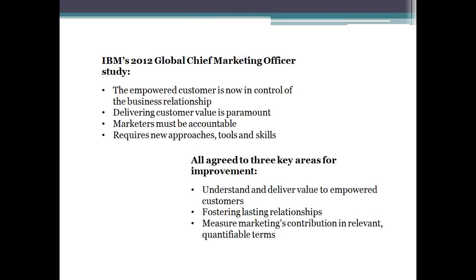As an overall summary of this report, IBM looked at three key areas that they knew they needed to improve, which can probably relate to almost every company, big or small, throughout the world today. One, they need to understand how to deliver the value to the empowered customers. Then they need to understand how to foster a lasting relationship.